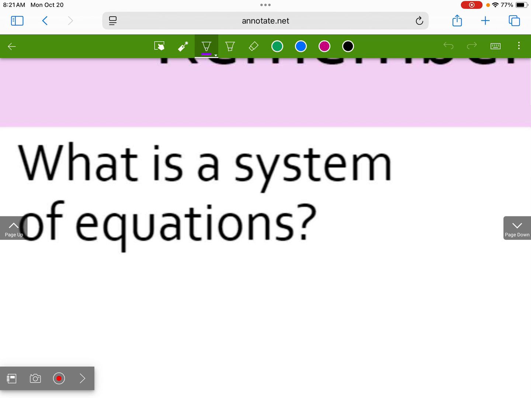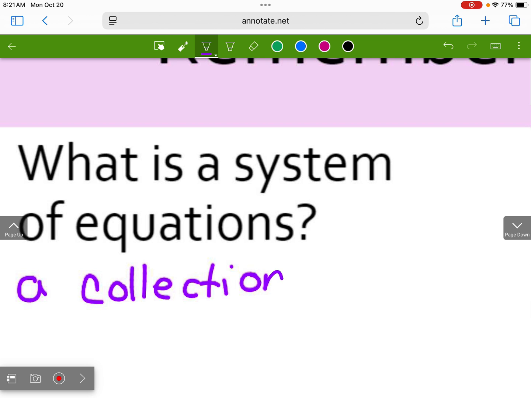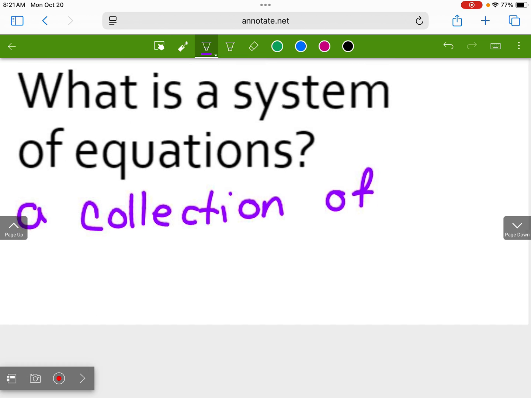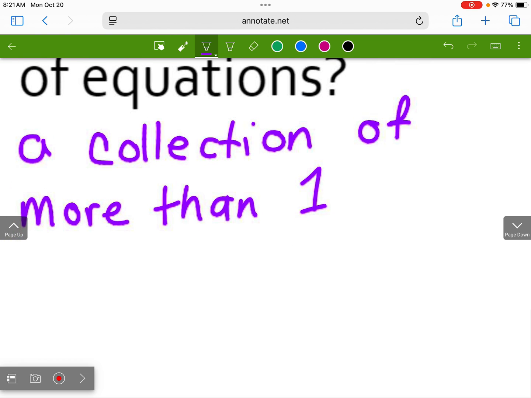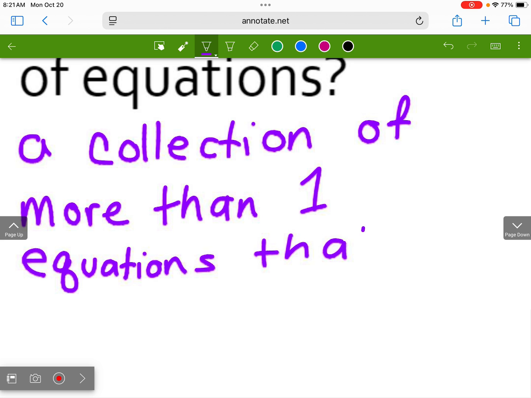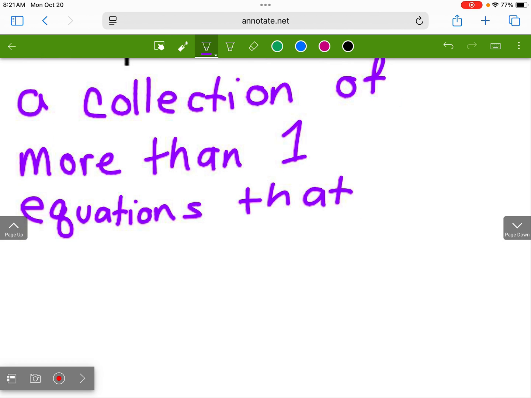So technically the way we'd word this would be a collection of more than one equation that are solved together.